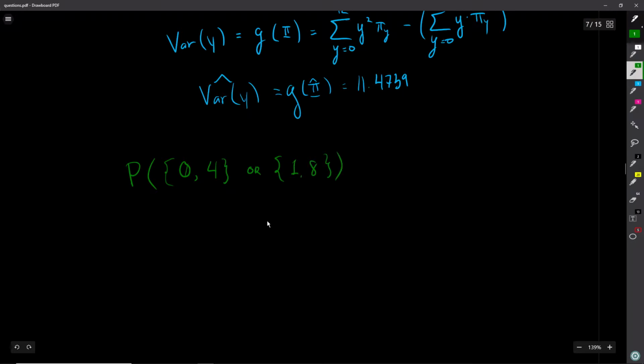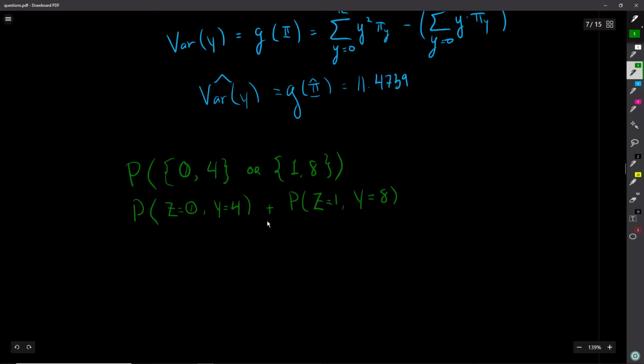To put this into notation using our random variables, we want the probability that z equals 0 and y equals 4, plus the probability that z equals 1 and y equals 8.